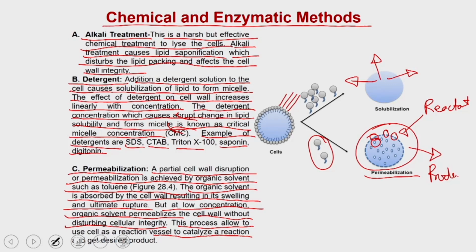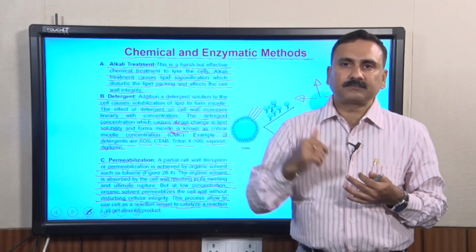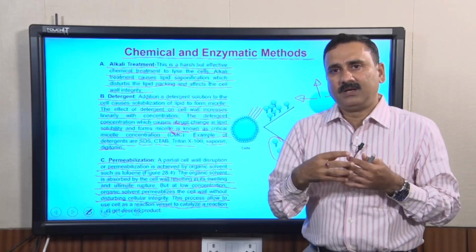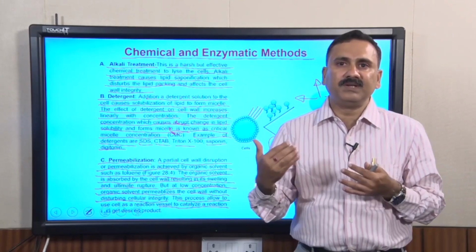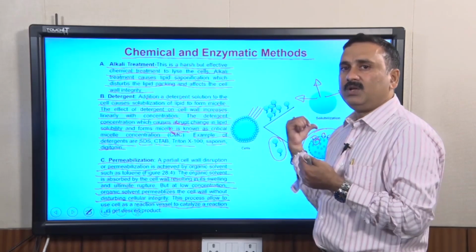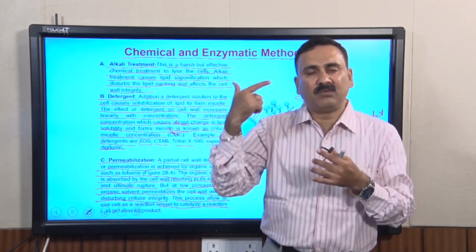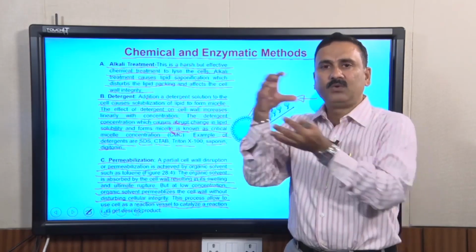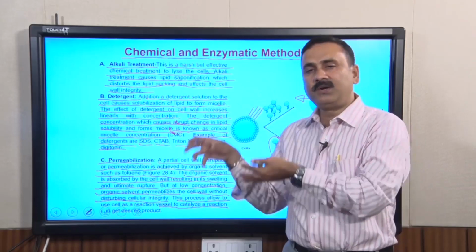So, you can actually use these cells as a cellular factory, which means if you immobilize these cells to a bioreactor or some kind of surface, and then you use a very small quantity of detergent or organic solvent, and you achieve a permeabilization event in such a way that it loses its cellular content, but it does not lose its organelles and other enzymes, then in those cases you can use these cells to catalyze biotransformations or other chemical reactions, like changing one product to another or a toxic product to a non-toxic product.